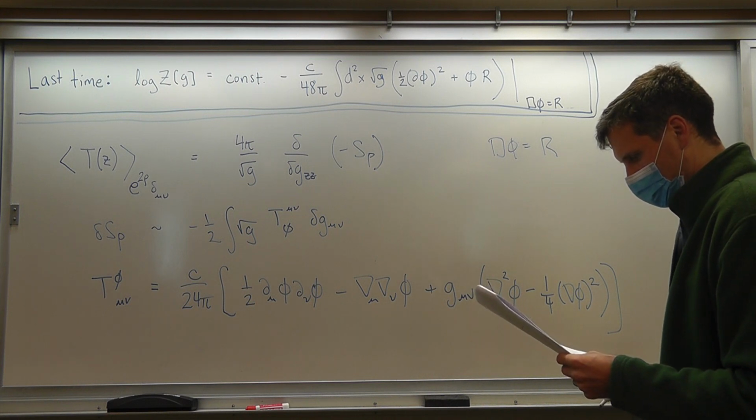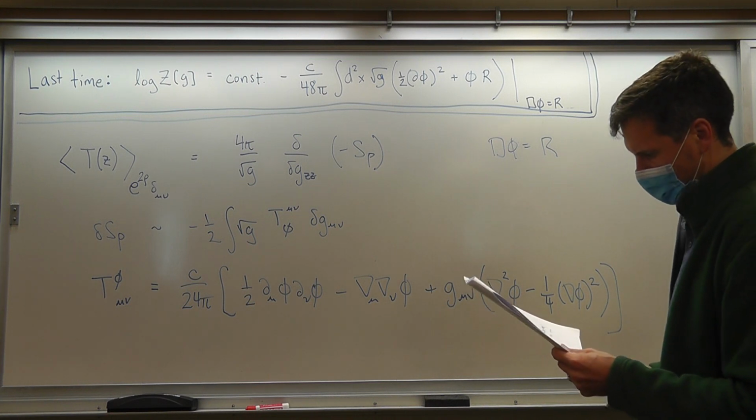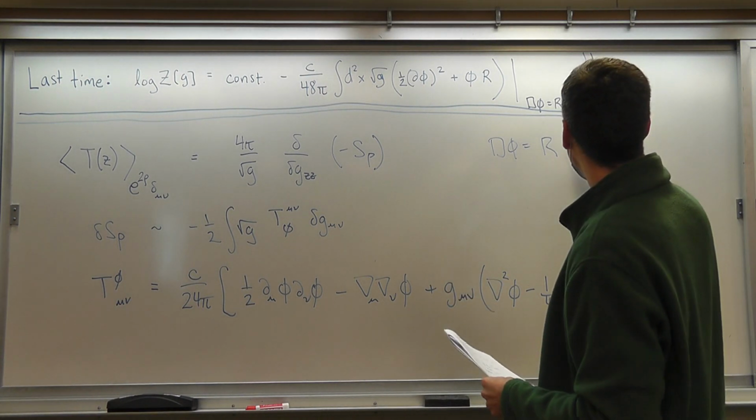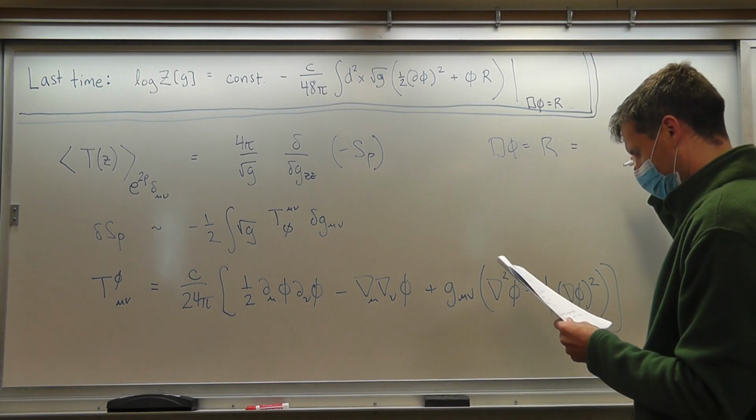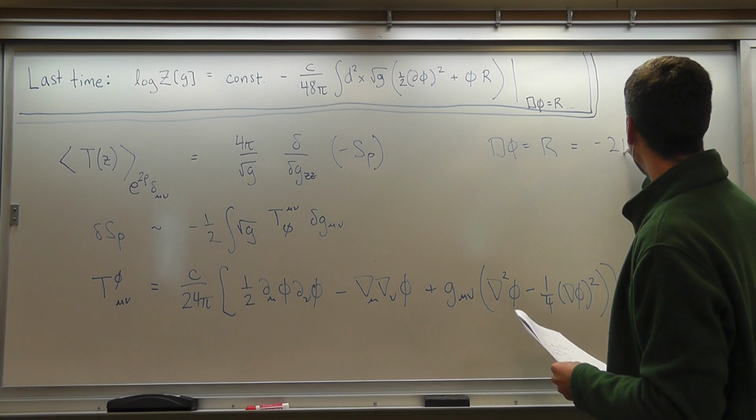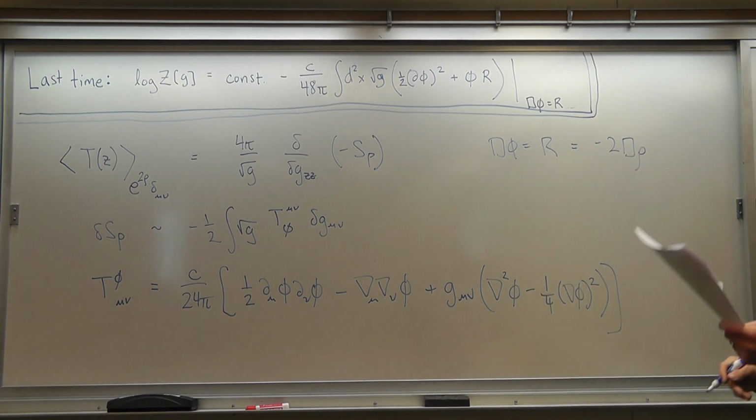I just noticed I made an error. I hope it doesn't matter. When I was working this out, I wrote that that's minus 2 box rho, but I think this is missing a root g.